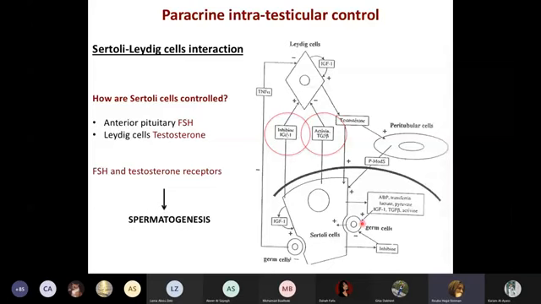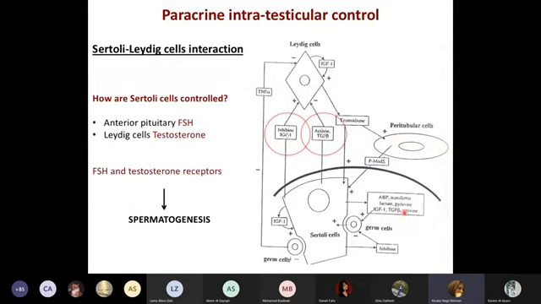In the table, when I was talking about the functions, table 4.1, we mentioned that inhibin is inhibiting the stimulation or the proliferation of spermatogonia, and that activin activates the spermatogonia.